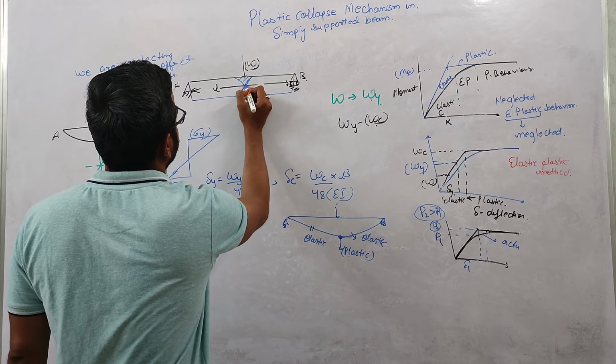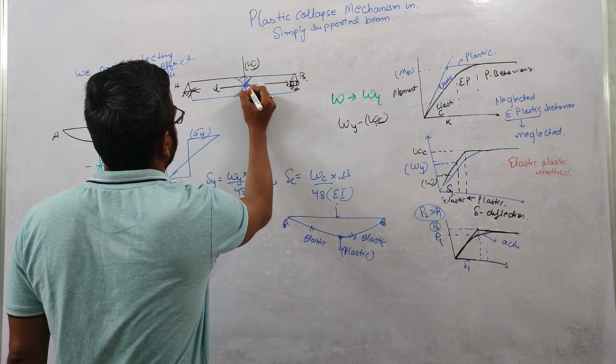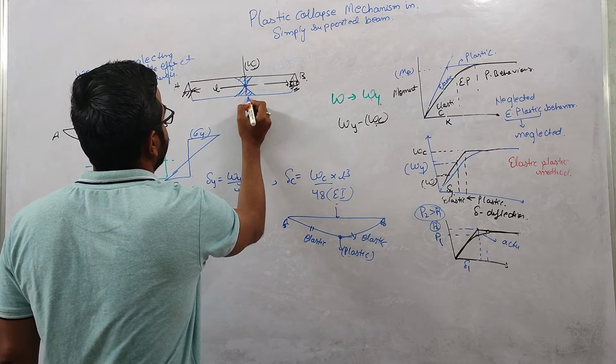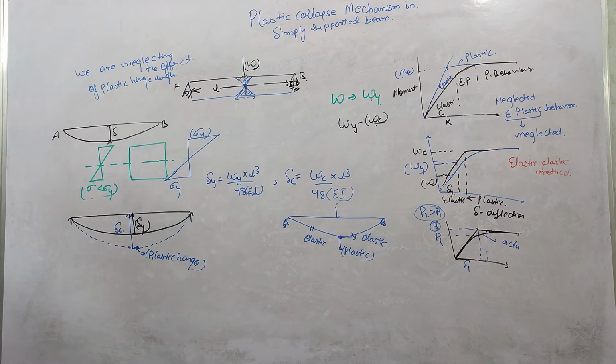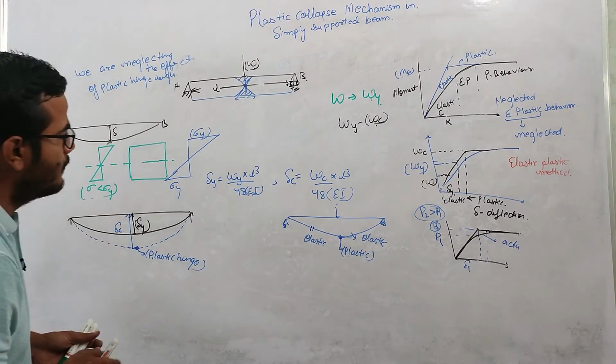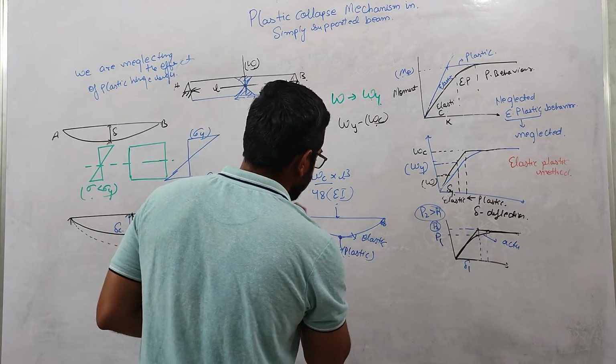But we are assuming that the plastic hinge forms only along this cross section. We are neglecting the plastic hinge length. Okay. So this portion will be elastic.